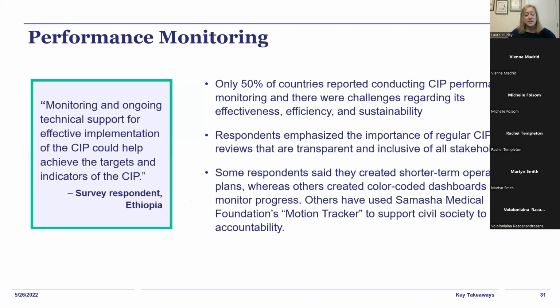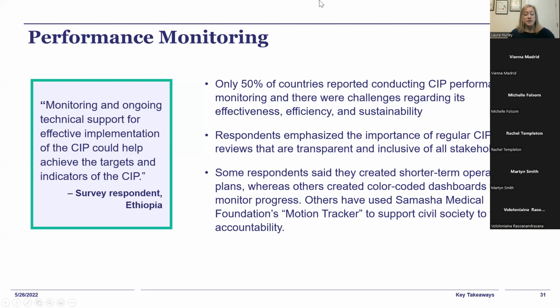So our final key takeaway is performance monitoring. In HP+'s study, only 50% of countries reported conducting CIP performance monitoring, and responses to survey questions presented challenges regarding its effectiveness, efficiency, and sustainability. In both studies, respondents emphasized the importance of CIP reviews and other monitoring activities for achieving CIP targets.